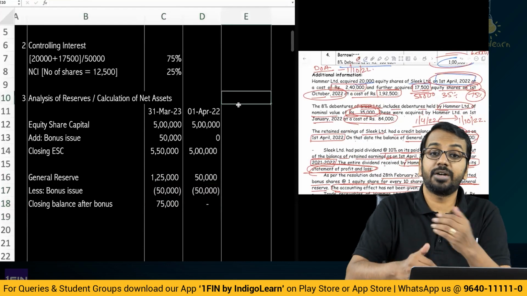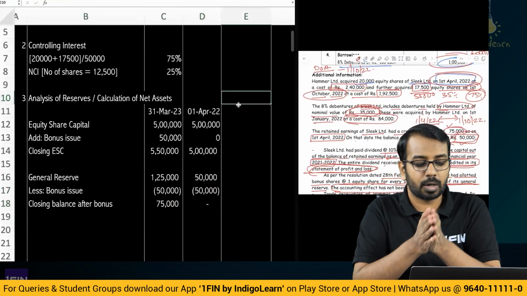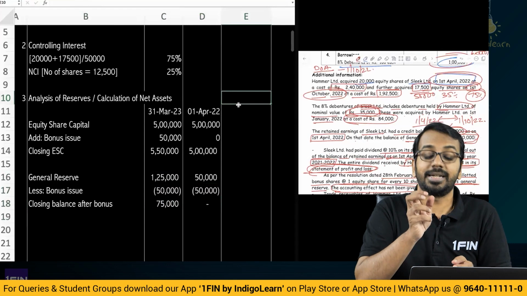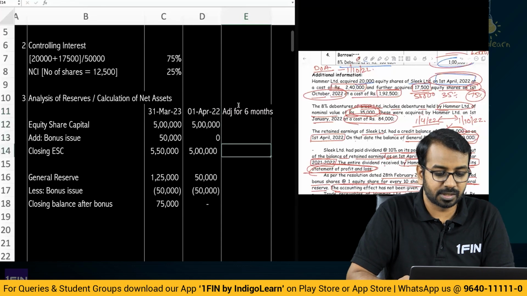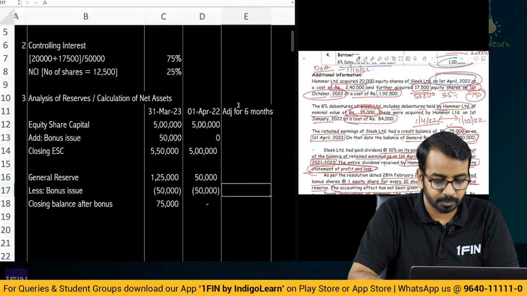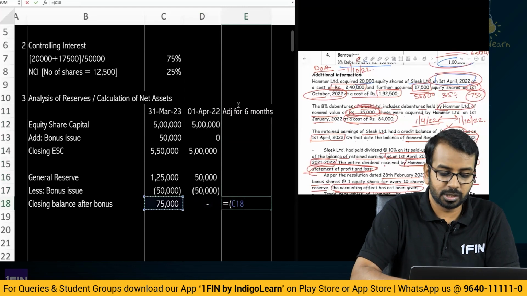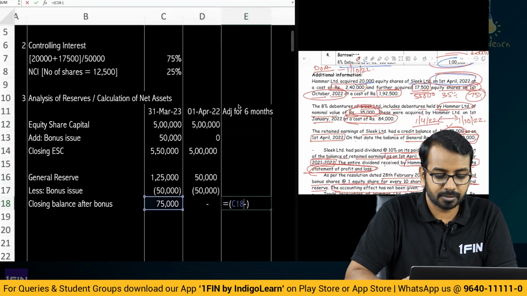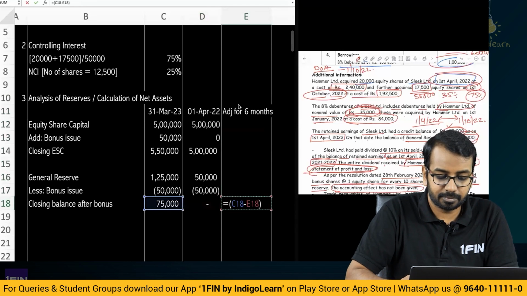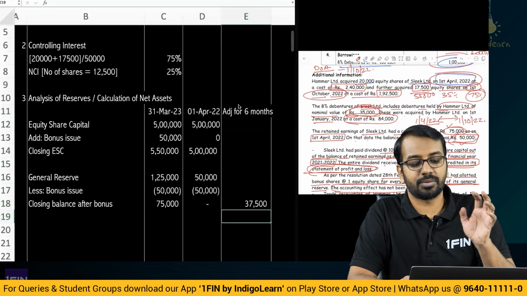Then how much did we earn for 6 months? See, general reserve moved from 0 to 75,000, or 50 to 1,25,000. What is the adjustment for 6 months? Adjustment for 6 months is 75,000 closing balance minus opening balance, divided by 2, that is 37,500.